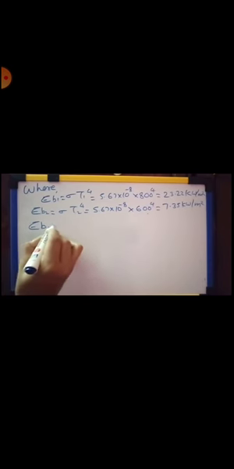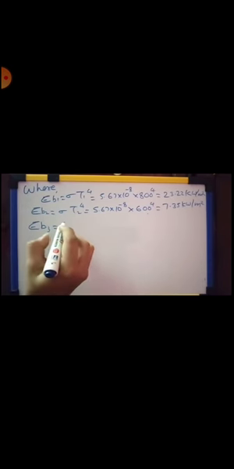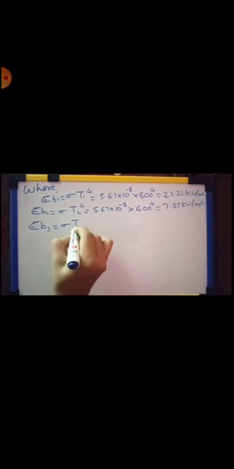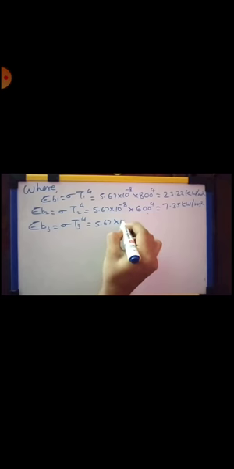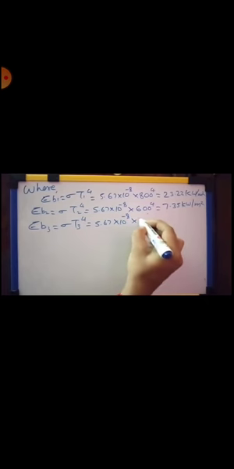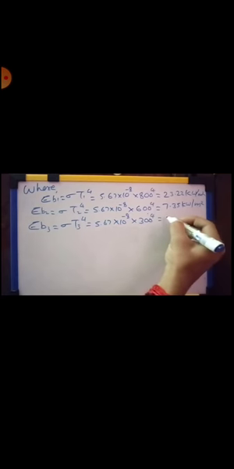EB3 is equal to sigma T3 raised to 4, is equal to 5.67 into 10 raised to minus 8 into 300 raised to 4, is equal to 0.459 kilowatt per meter square.